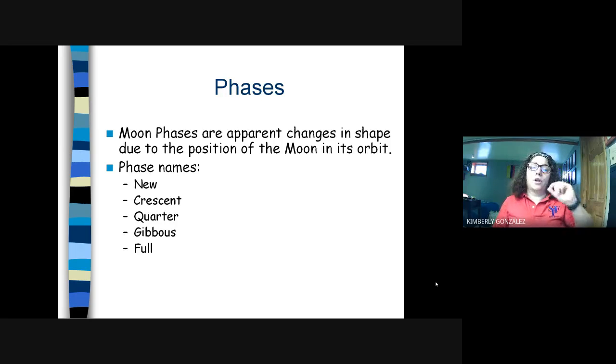If we're talking about the waxing phases, it's when you start at new and work your way toward full. So it'll be new, then waxing crescent, then waxing quarter, then waxing gibbous, then the full moon. Because they're getting brighter, we're going to see more of the moon at that point. Okay? Questions so far?